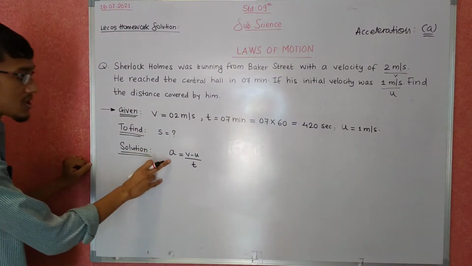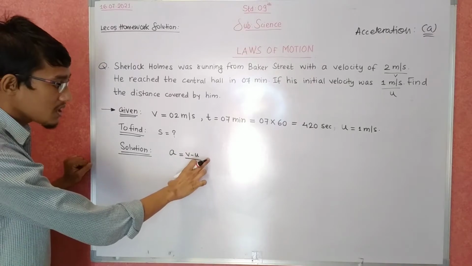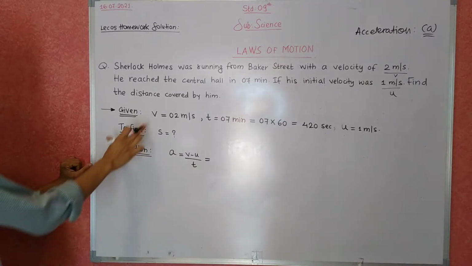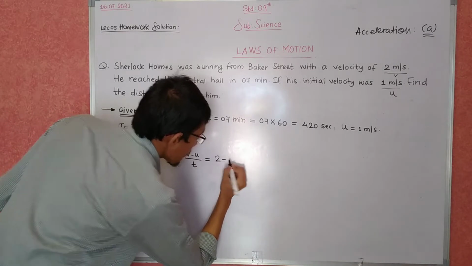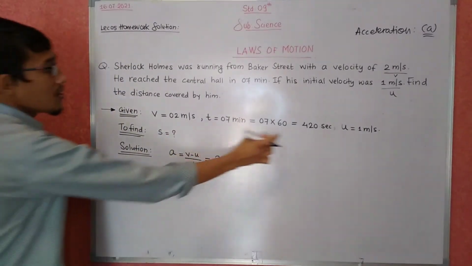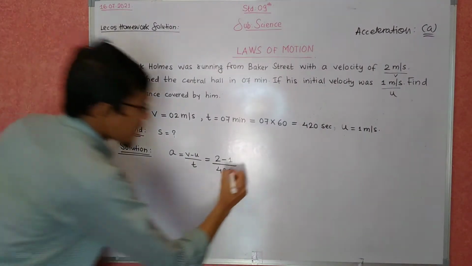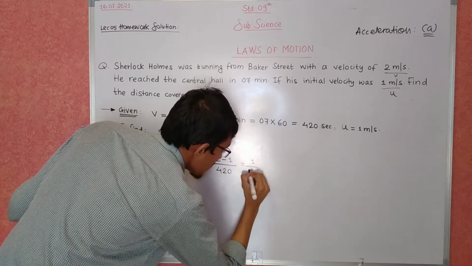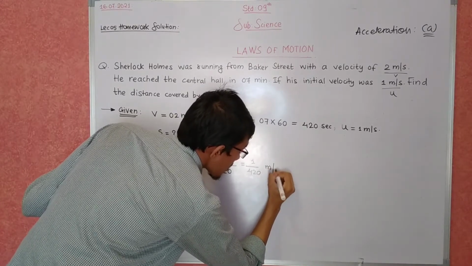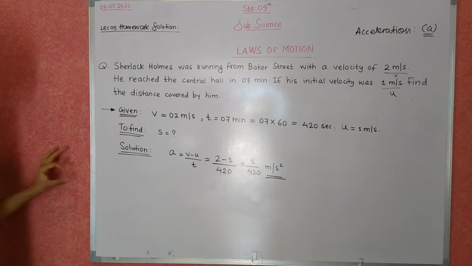It is nothing but change in velocity upon time. So we have final velocity as 2, initial velocity as 1, so 2 minus 1 upon time, which is 420 seconds. 2 minus 1 is 1, so we get acceleration as 1 upon 420 meter per second square. Meter per second square is the SI unit of acceleration.